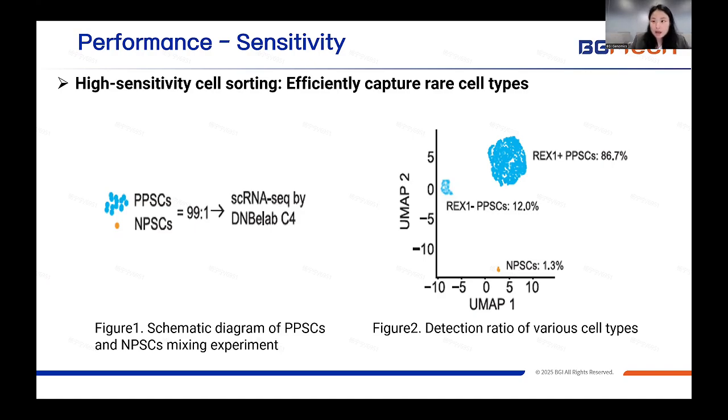As we can see on the right section, two types of cells were sorted, which is basically consistent with the preset ratio. So it further reflects the high sensitivity of single cell sorting on this platform.